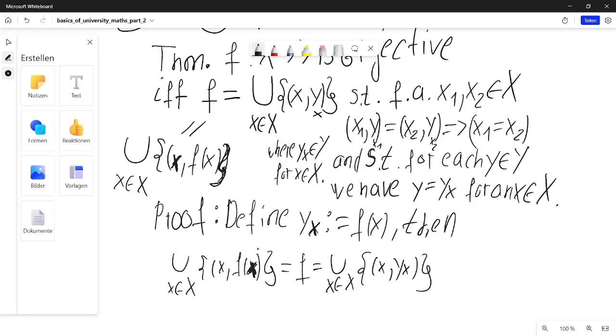So I mean, take any y element of Y, and it is equal to y_x for x element of X, but this y_x was chosen to be f of x, so we already have that. Because y_x was chosen to be f of x, and now such y_x exist.